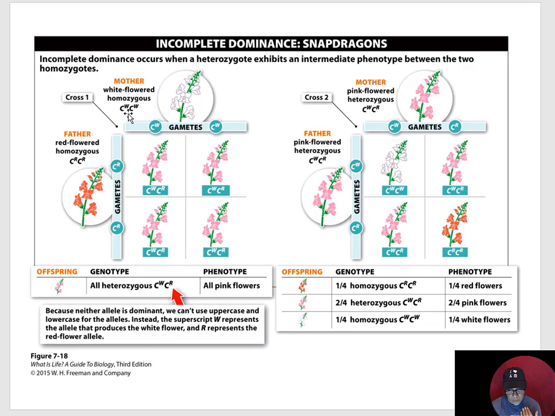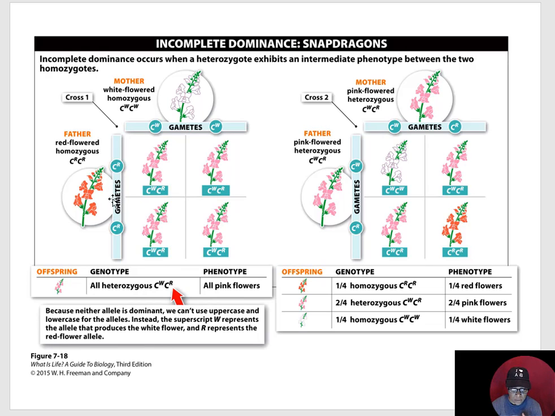And so here we have homozygous red breeding with a homozygous white, and because it's incomplete, like ink, then the heterozygous offspring are going to be pink.